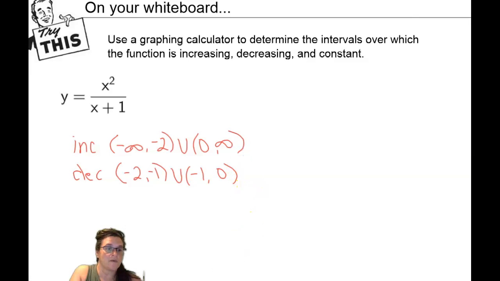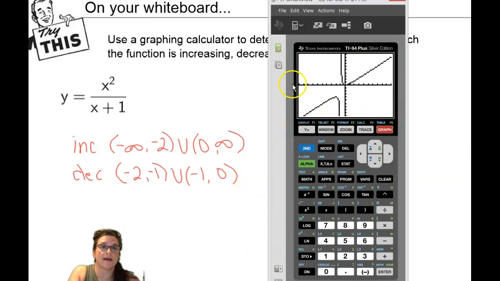Okay, so I would use that information to sketch the graph, and that graph would have its extrema at those 2 points that we just saw.